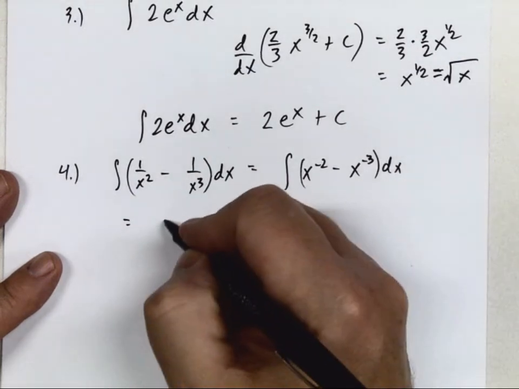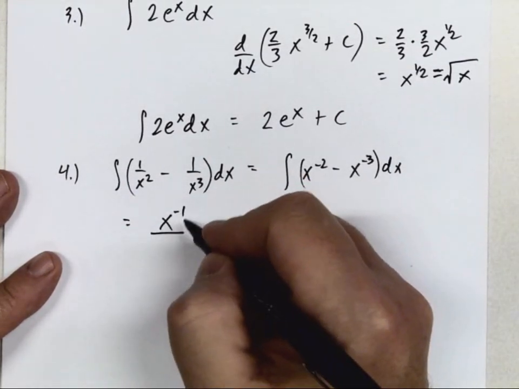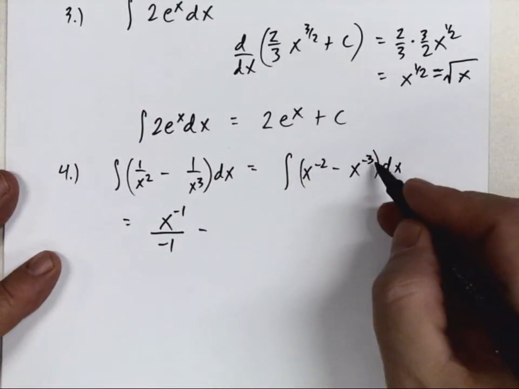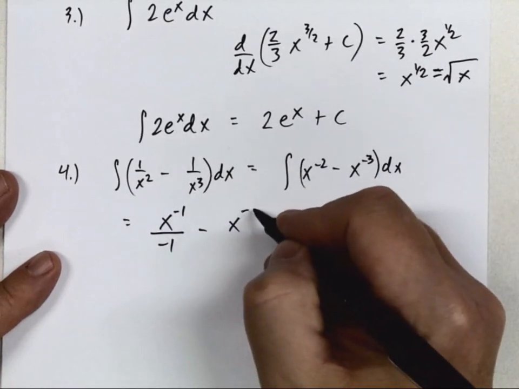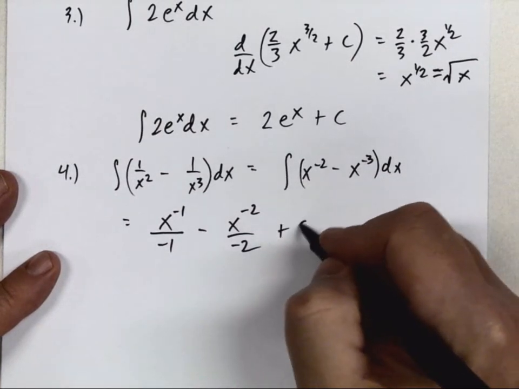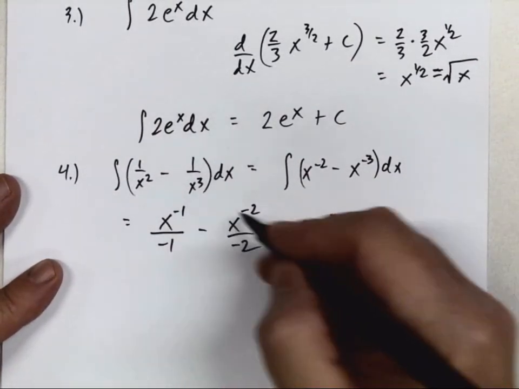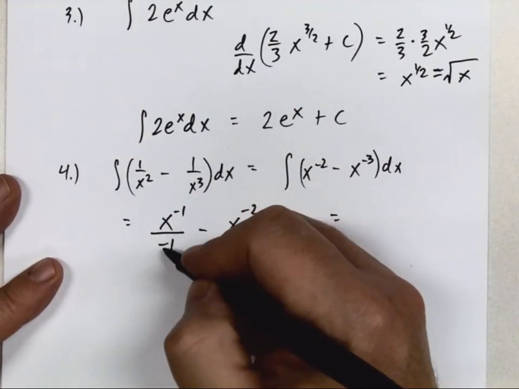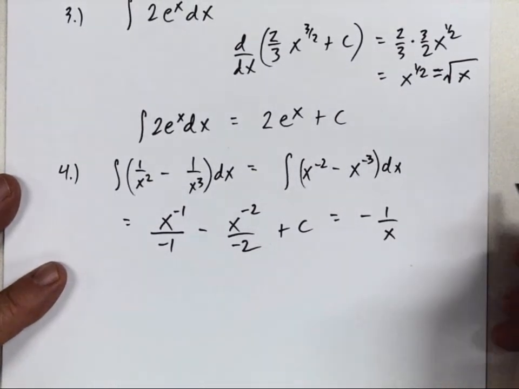So x to the minus 2, if you add 1, you get minus 1, and then minus 1 goes on the bottom. x to the minus 3, you add 1, and you get negative 2, and then negative 2 goes on the bottom. Now if you simplify this and get rid of the negative exponents, x to the minus 1 goes on the bottom. It's a minus here, so basically it's minus 1 over x.